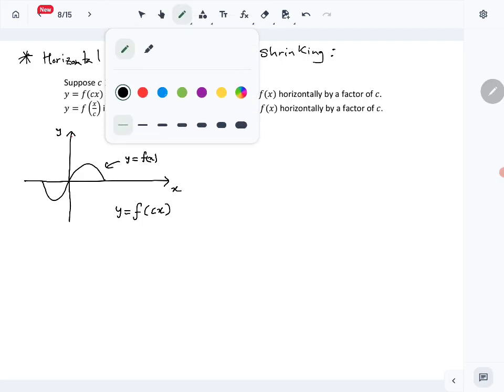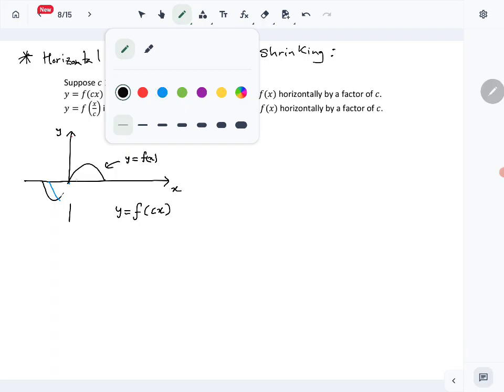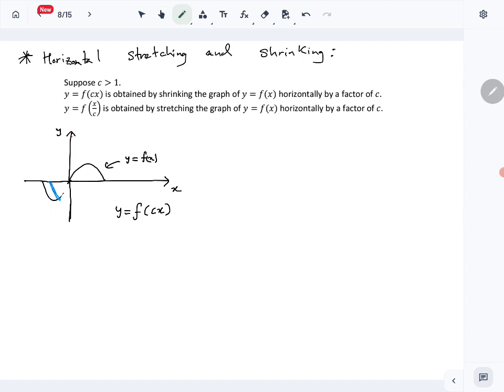So let's draw that. So what will happen? The y values, the maximum and minimum points, don't change.